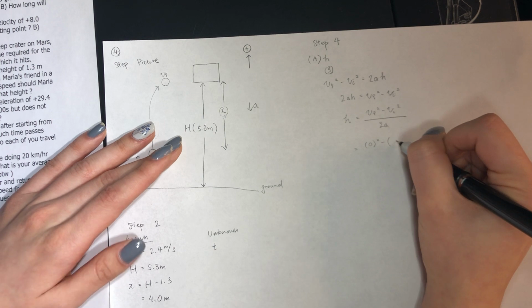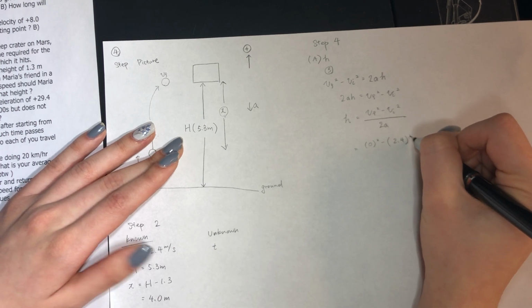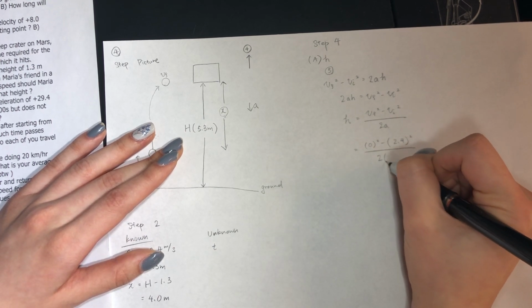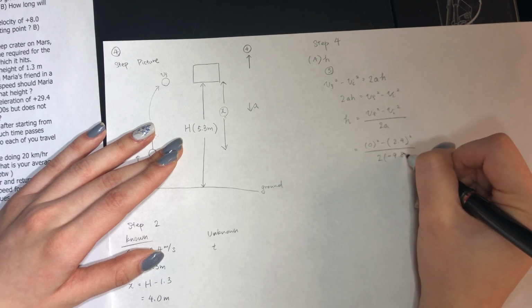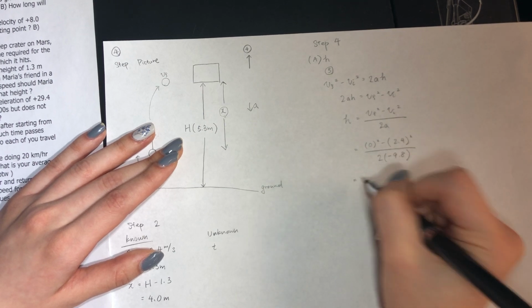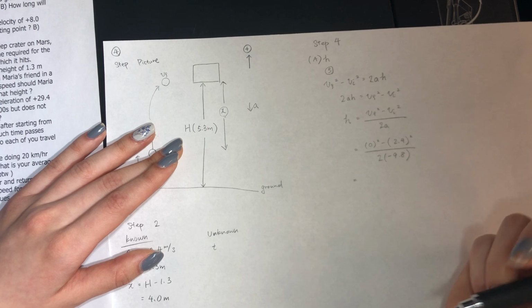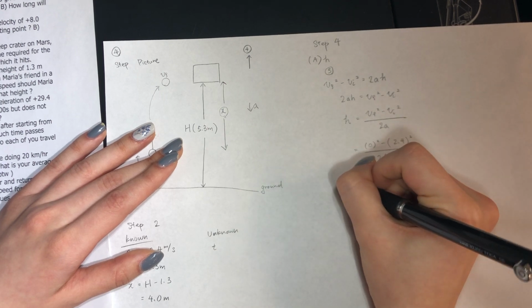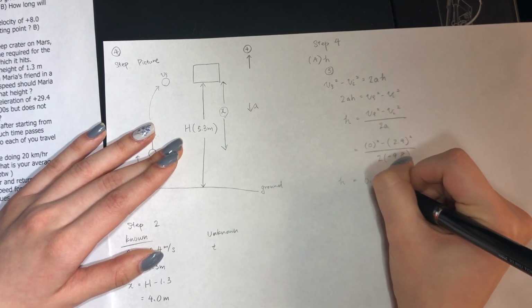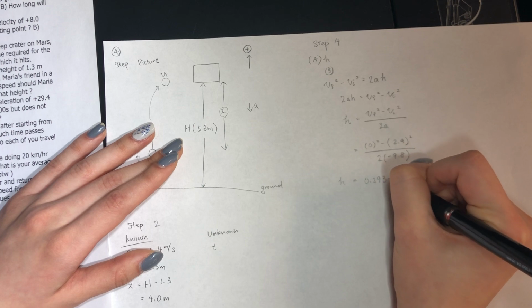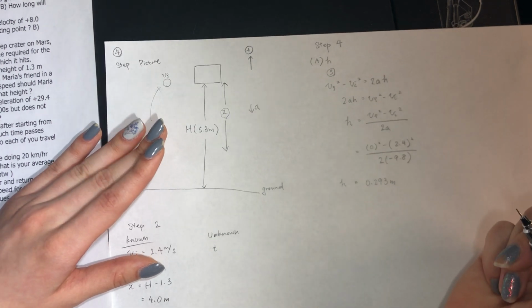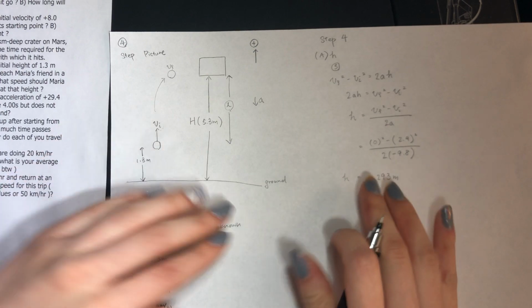V initial, 2.4 squared. 2a, 2 times negative 9.8. And if you put that in your calculator, you should get something like 0.293 meters.